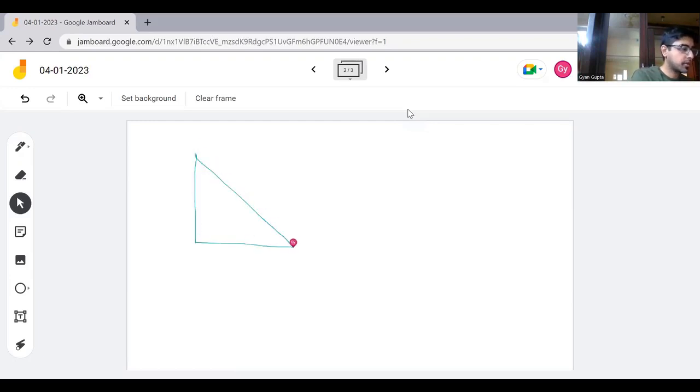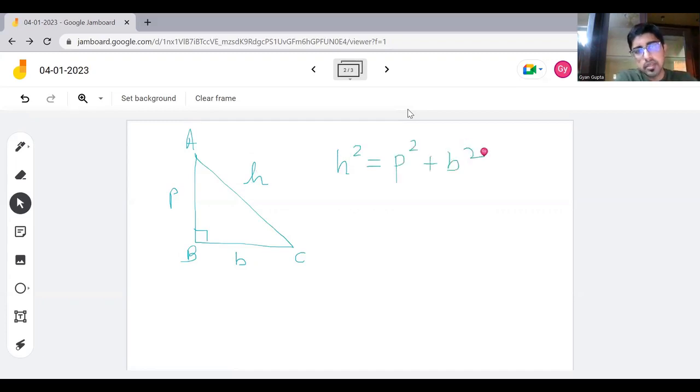If I call this the perpendicular, base, and this the hypotenuse, it's a right angle triangle ABC, right angled at B. We know by Pythagoras theorem, h square is equal to p square plus b square, where h is the hypotenuse, p is the perpendicular, and b is the base. We also know that for this angle theta, sine theta is equal to p by h.